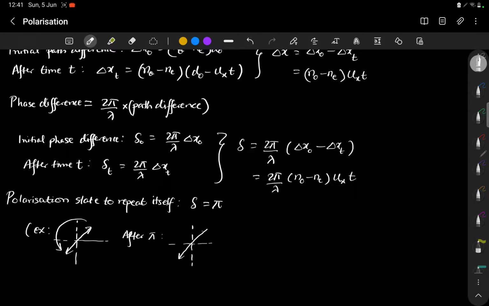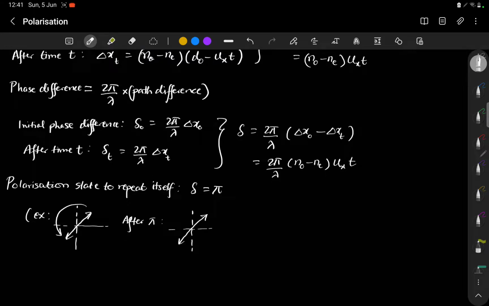Again it will return to its original state. In between it will be in some other direction. Let us say it will rotate, it will come here, then it will further rotate, and finally at pi we will get the same orientation for the linear polarization.